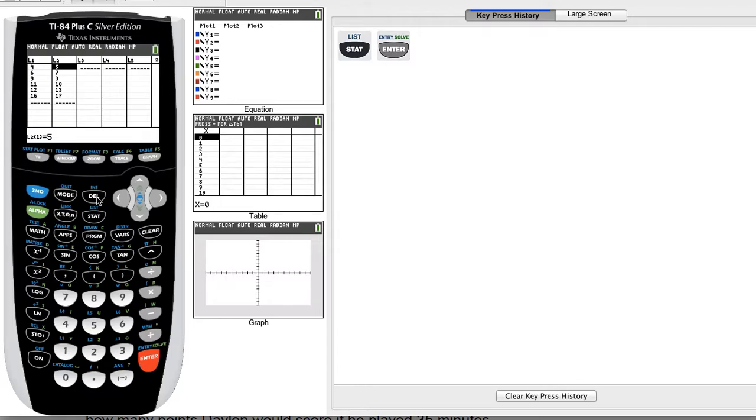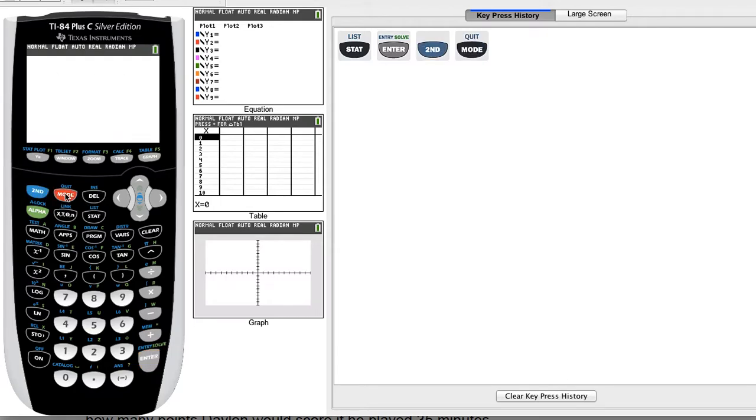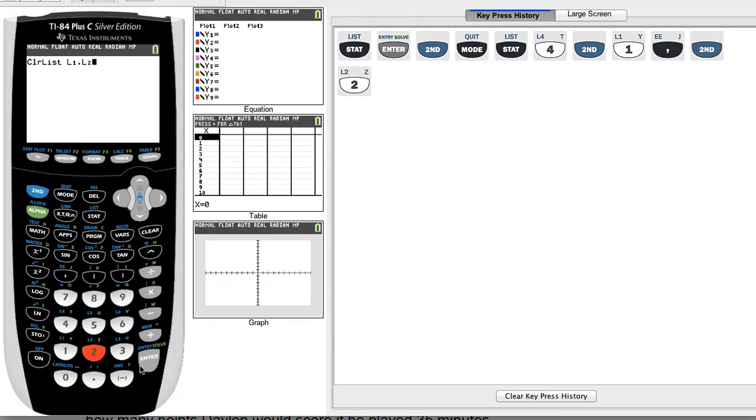As you can see, I have values from before, so let's quit, go back, and this is how you can clear your list without resetting your calculator in case you have software on there. So you press stat 4, as you can see it says clear list, and then you press second 1, which means L1, comma, and then second 2, which is L2, and you press enter, and done.